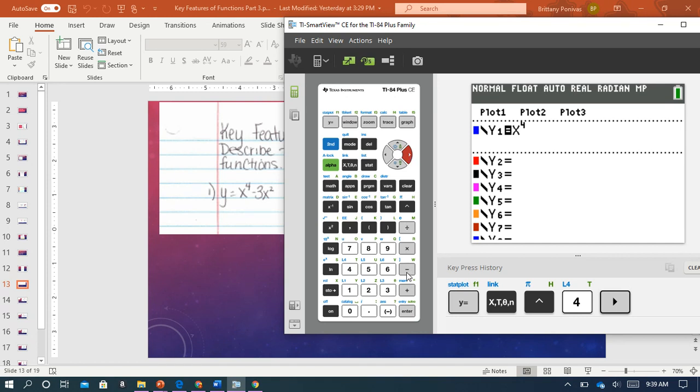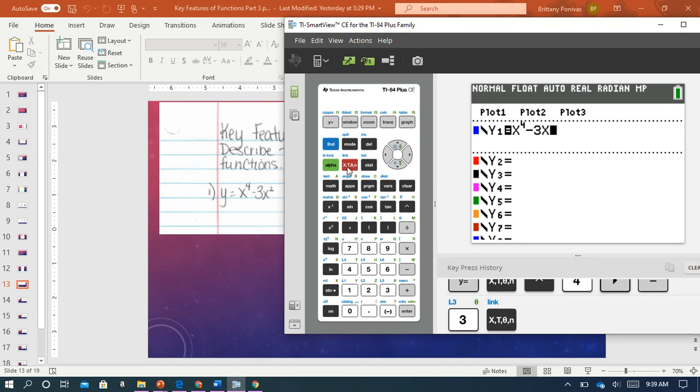And then minus 3x, next to the alpha. Squared has its own button. It's diagonally up from the 7. To see what the graph looks like, we're going to hit graph.